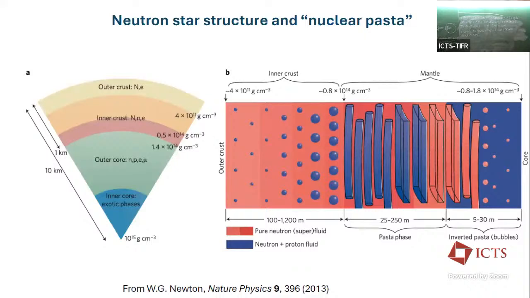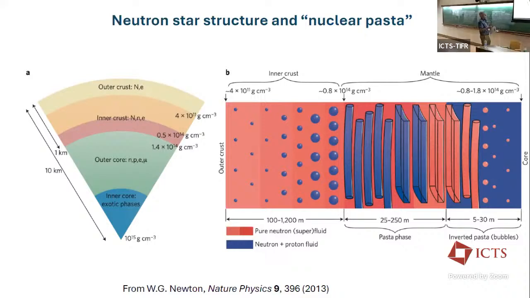Okay, so this is a diagram taken from an article by Newton that illustrates possibly what's happening in the transition region I alluded to. So again, we have a conventional model of these different layers and hypothetical densities associated with each layer.